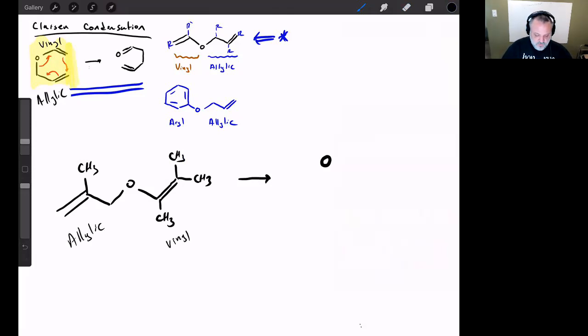Okay, so I want to draw that allylic business like this. And it just takes a little bit of practice, and you can sort this out with a little bit of practice too. And what goes right here then? There's a CH3 there. Okay, now let's take a look. How do I get this vinyl side correct? Well, it's going to go up, and then there's going to be the double bond immediately. And what's attached to that double bond? Well, I've got a CH3 here, a CH3 here, and a CH3 here. This is just a CH2.